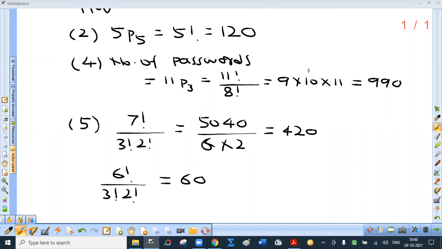Write down. Write the solution. Given digits are 3, 2, 0, 4, 3, 2, 3.